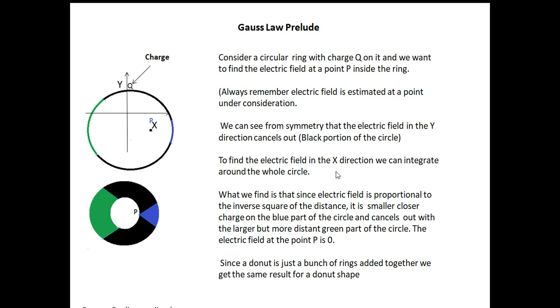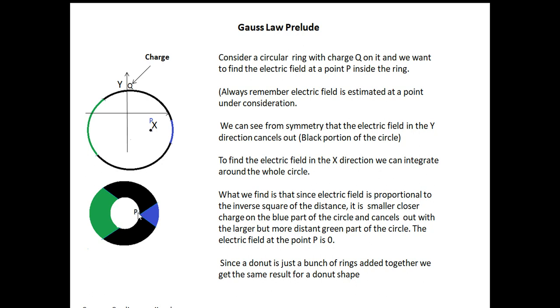To find the electric field in the x direction, we can integrate it around the whole circle. Now what we find is that since the electric field is proportional to the inverse square of the distance, that is our Gauss's law, or we all know that as I go away from the source, the electric field will go on decreasing with the square of the distance. It is smaller closer to the charge.